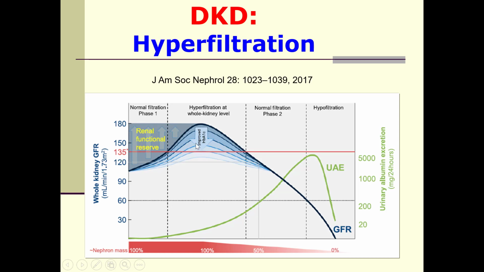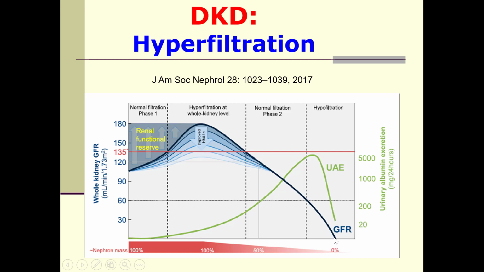Later on, hyperfiltration occurs, with the nephrons still in normal amount and volume. After that, albuminuria starts to increase, and at the same moment you can find the start of GFR reduction. At the end of the disease, you'll find end-stage kidney disease.